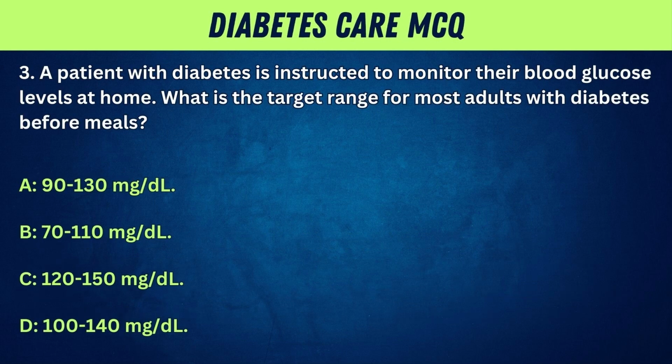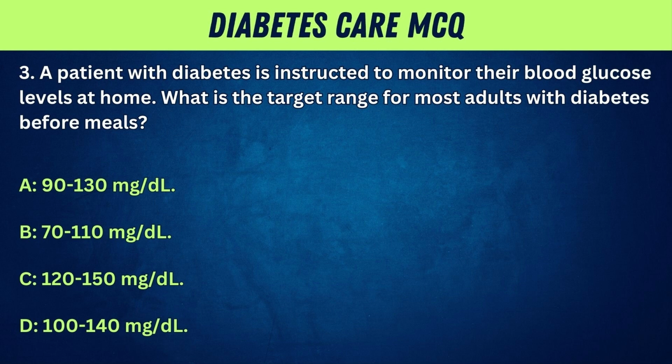3. A patient with diabetes is instructed to monitor their blood glucose levels at home. What is the target range for most adults with diabetes before meals? A. 90 to 130 mg/dl. B. 70 to 110 mg/dl. C. 120 to 150 mg/dl.